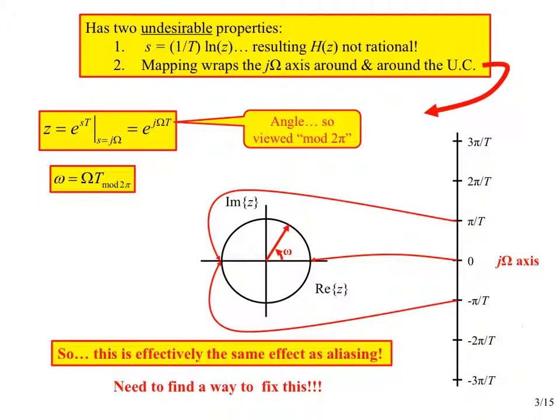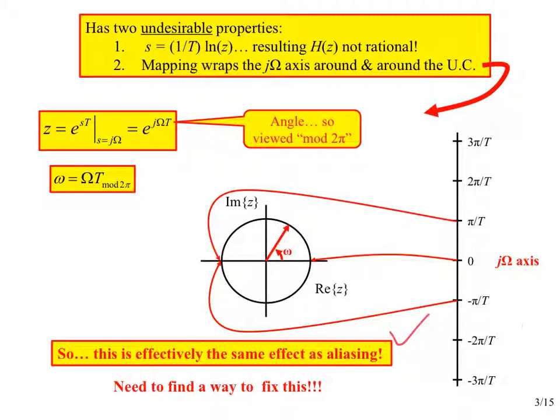So that's definitely a downside, and it's very similar. In fact, it's almost identical to what we saw in one of the previous methods where we did the impulse invariance approach. So this is effectively the same thing as we've seen in the aliasing approach.